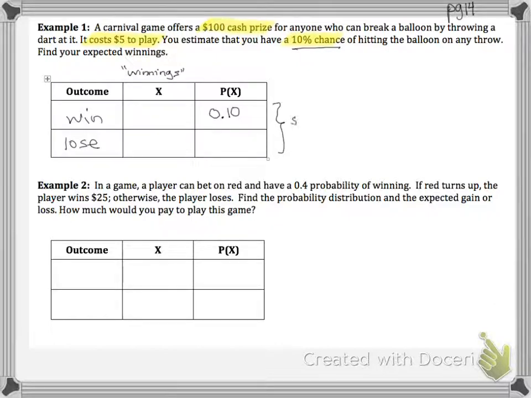So in order to find the missing value here, we could subtract 0.1 from 1. So we do 1 minus 0.1 and we get 0.9, which means in this case I win with a probability of 0.1, but I lose with a probability of 0.9.